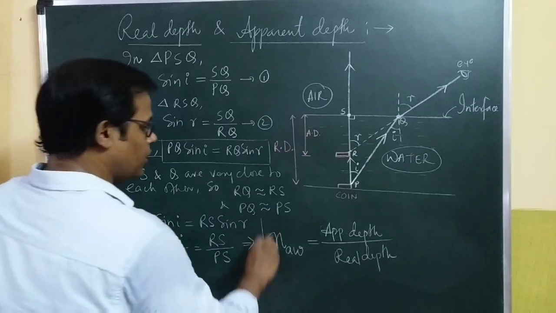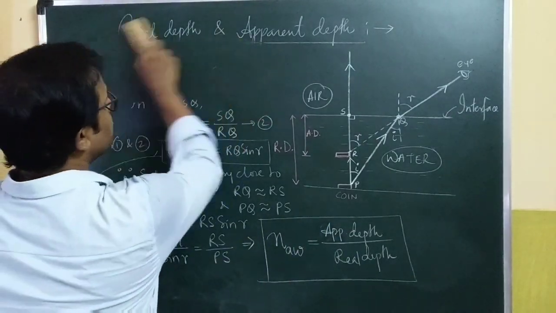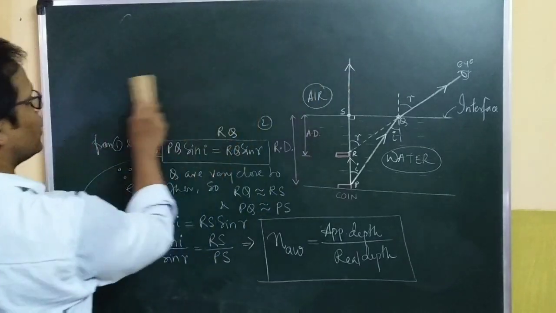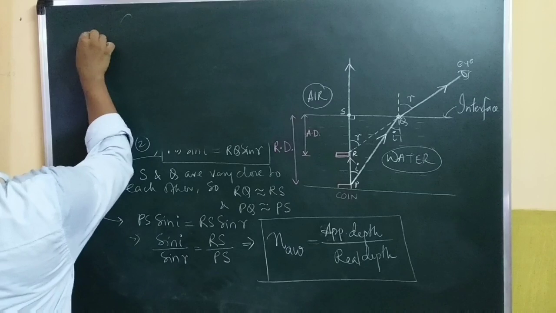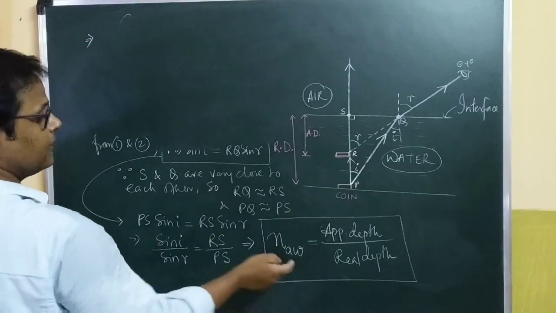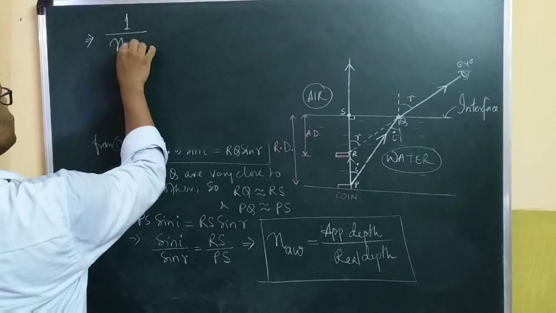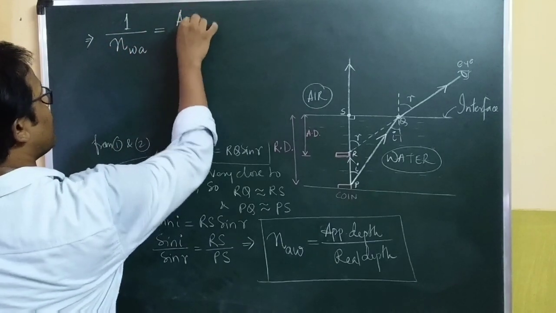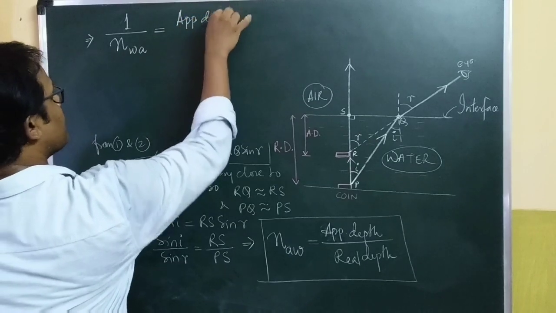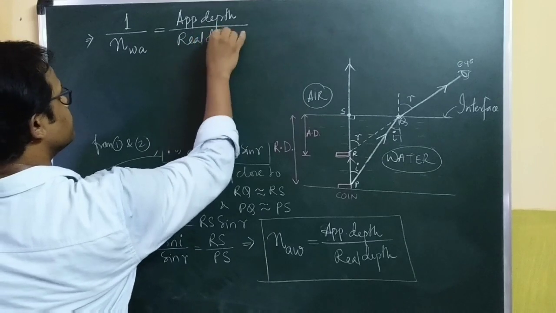Now you want the reciprocal of it. Or you could have said from here, 1 by refractive index of water with respect to air is equal to apparent depth by real depth.